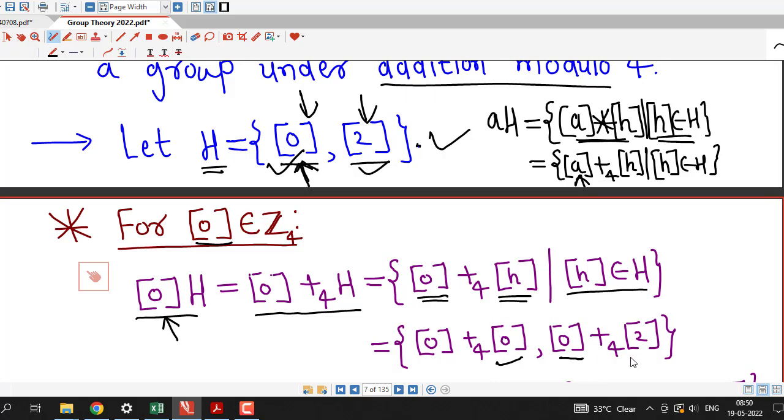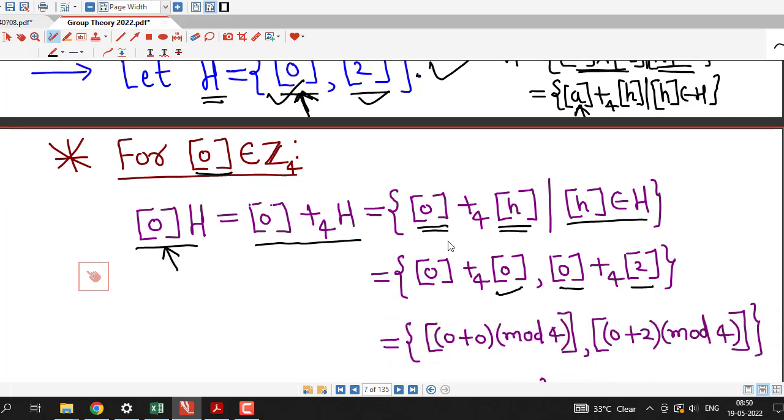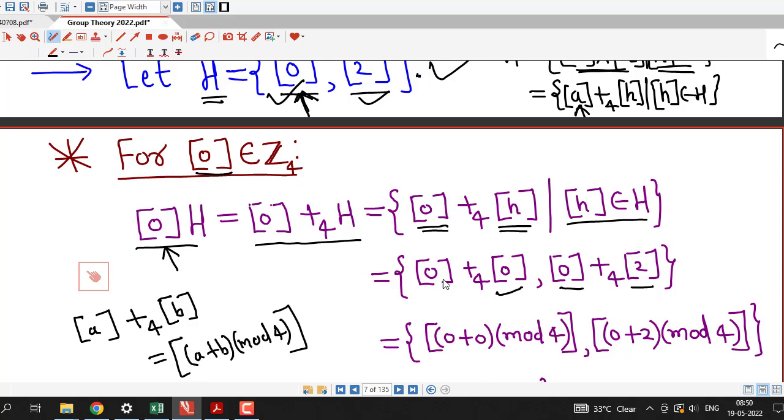So this is not 0 plus 2, it is equivalence class generated by 0 addition modulo 4 equivalence class generated by 2. Now by definition, we are using this definition: equivalence class generated by A plus equivalence class generated by B equals equivalence class generated by A plus B modulo 4. So here we first add these two, 0 plus 0 modulo 4, and for this 0 plus 2 modulo 4.